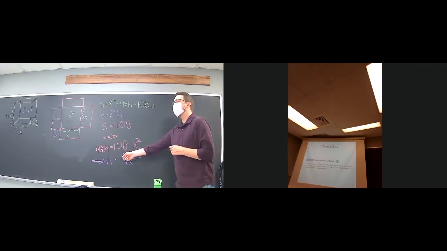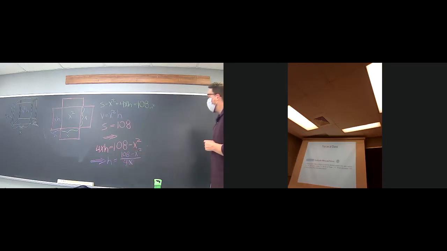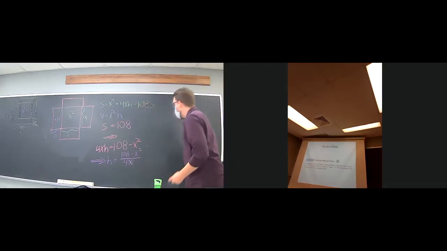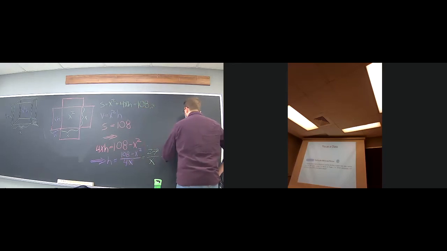Is this divisible by 4? Yeah, it is. It should be 27. Yeah. All right. So because this is divisible by 4, we can reduce this to 27 over x minus x over 4. Is everybody with me on this?